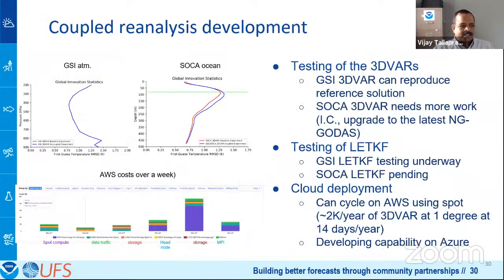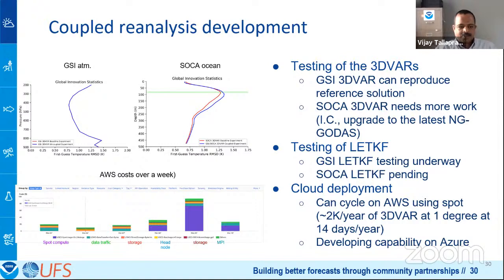The coupled reanalysis development, the atmospheric model is now adding all these component models. The global innovation statistics are shown here using the ocean coupled analysis system, which has shown a rather nice response. This is going to be developed as well as tested using the cloud resources.